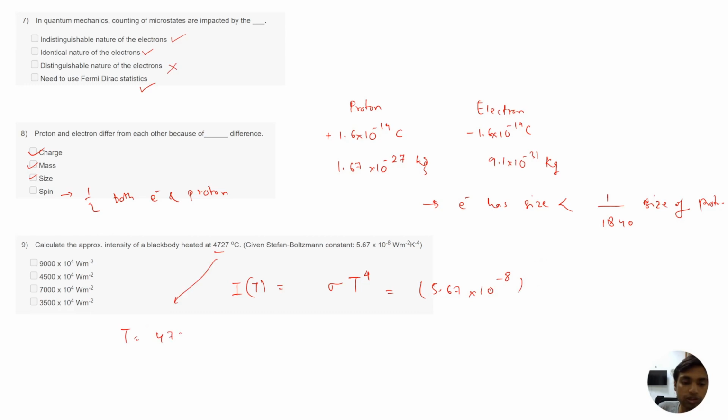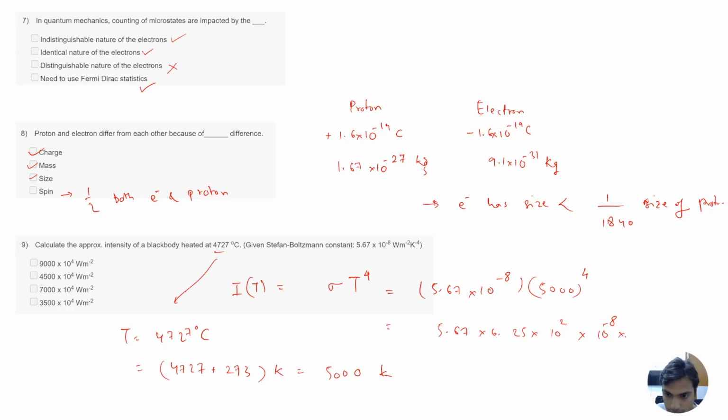So T equal to 4727 degrees Celsius, which is 4727 plus 273 Kelvin, which means it is 5000 Kelvin. So 5000 to the power 4, which means 5.67 into 6.25 into 10 to the power 2 into 10 to the power minus 8 into 10 to the power 12, which is around 3500 into 10 to the power 4 watt per meter square. So this is your correct answer.